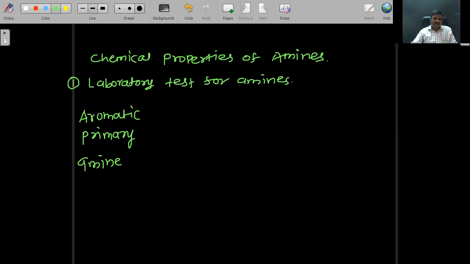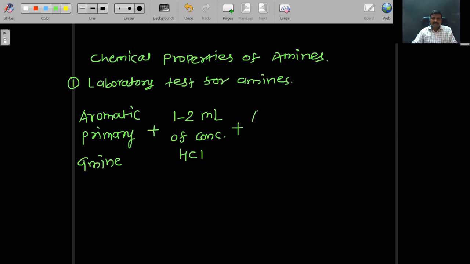To that aromatic primary amine we add 1 to 2 ml of concentrated HCl, plus an aqueous solution of NaNO2.